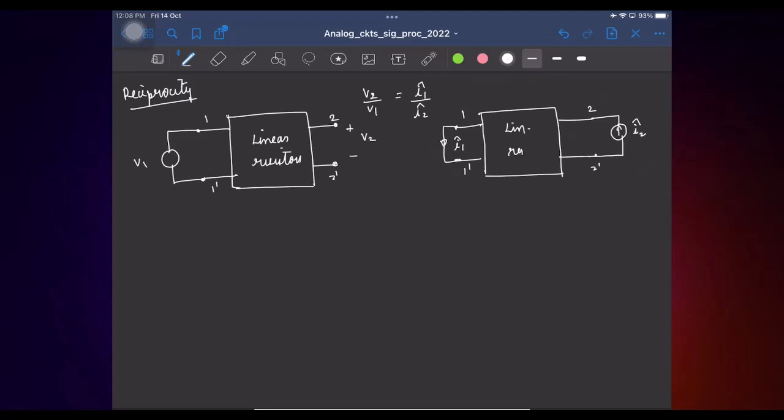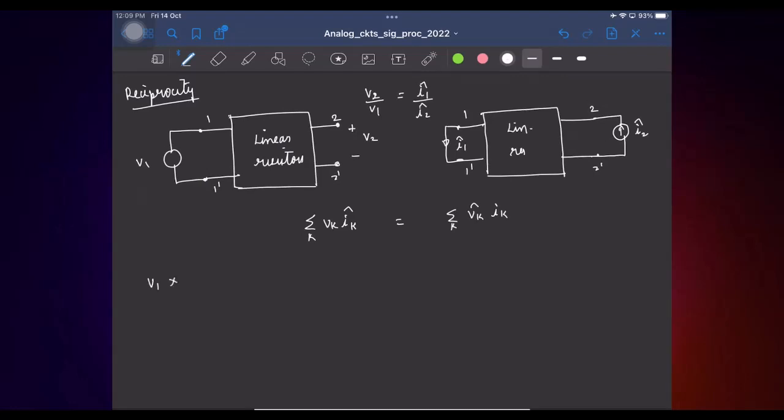So let me just write it quickly. So we use the fact that summation k Vk Ik hat is Vk hat Ik, and we'll have to do it for all the branches. If you do it for this branch, what we have is the voltage V1 times the current I1 in this direction, this I1 hat, plus Vk Ik hat for the internal branches, plus in this branch the voltage is V2 times the current in this direction minus I2 hat.